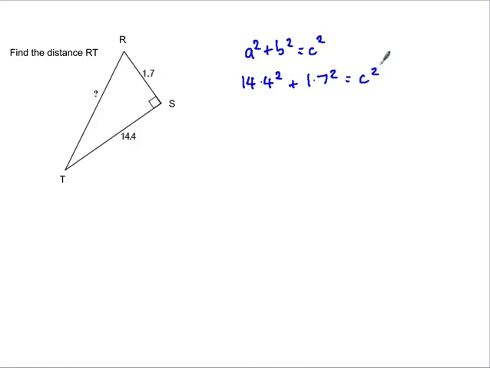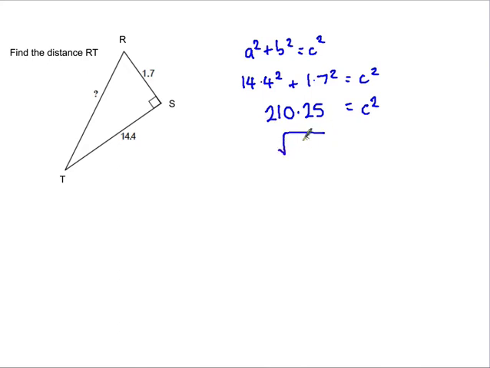So 14.4 squared plus 1.7 squared, and that gives me 210.25. I'll just put that all in one line there on the calculator. And that's c squared. So what I need to do now is square root this, because obviously that's a way too big answer, 210.25.